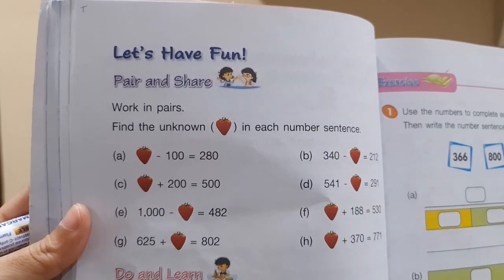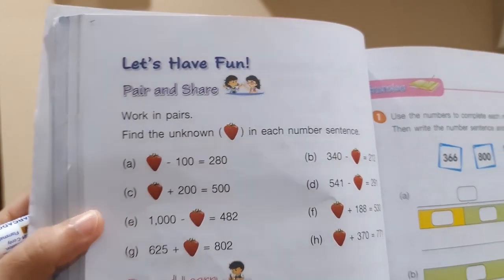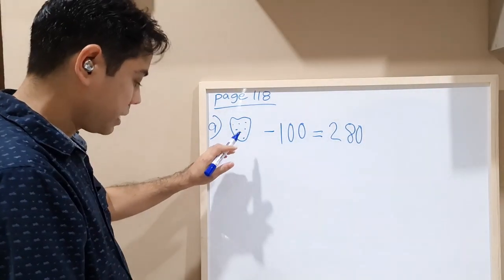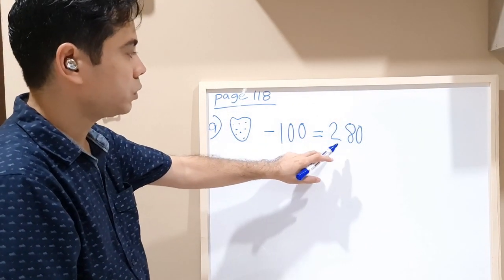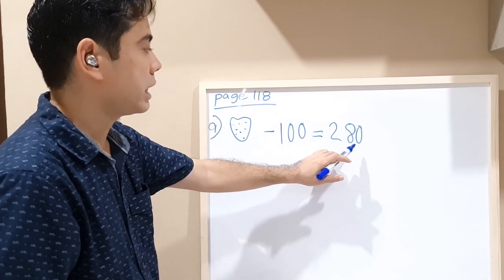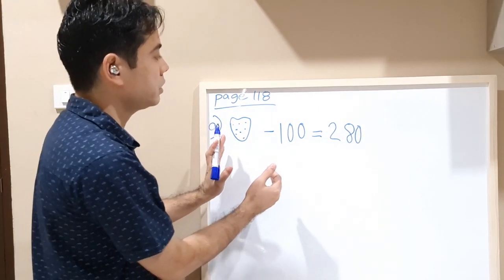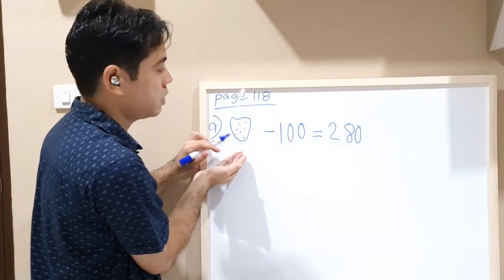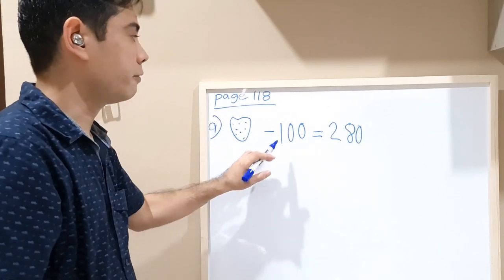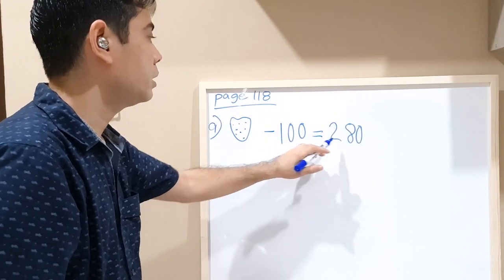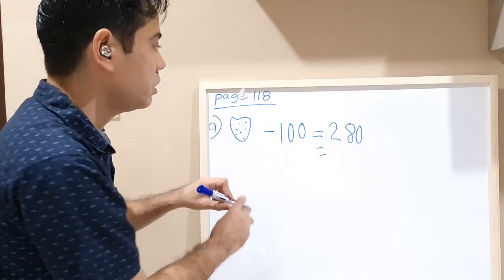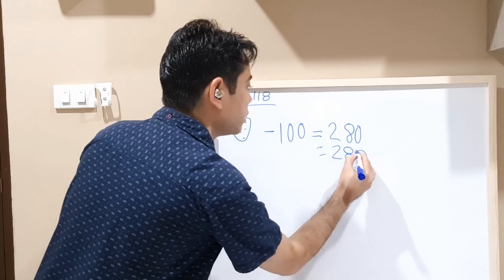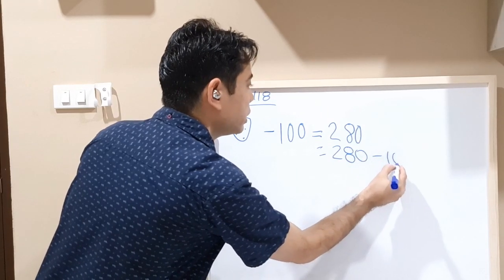Find the unknown strawberry in each number sentence. Let's do letter A. Strawberry minus 100 is equal to 280. So this is the answer if you minus 100 from the strawberry. But since the strawberry has no number, let's find the number of the strawberry. So we can put it here: 280 minus 100.